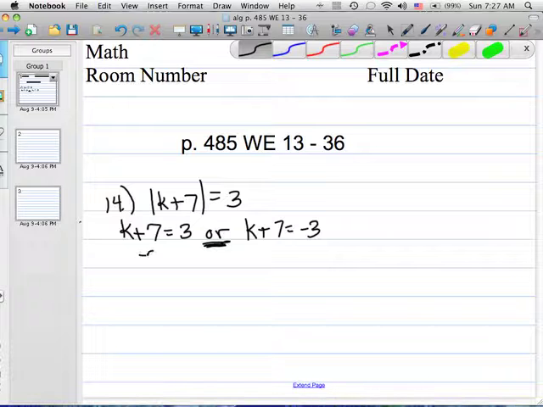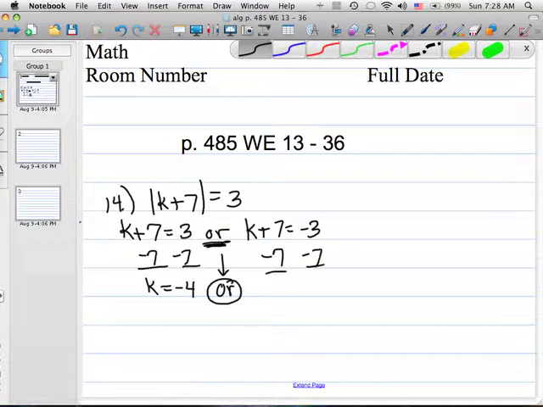So we subtract 7 to solve for k, and we get k is equal to -4. So if I put -4 in there, that would work. That would give me a 3. Or bring that down, subtract 7, and we get k equals -10, which would work. -10 plus 7 is -3. The absolute value of -3 is 3.